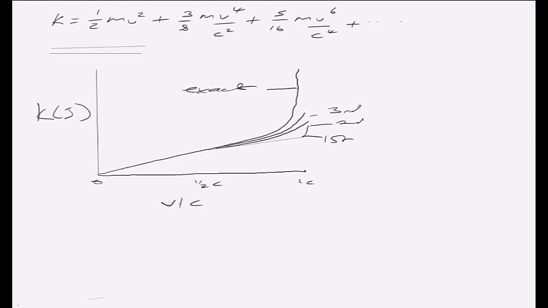And so at v a lot less than c, we have the classical description for the kinetic energy, which is that K is equal to half mv², and that's okay to use whether you're looking at particles or even spacecraft.